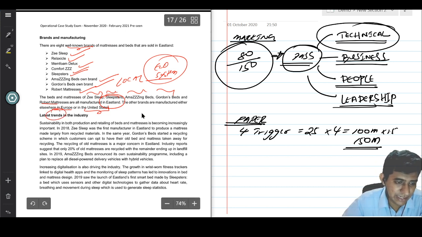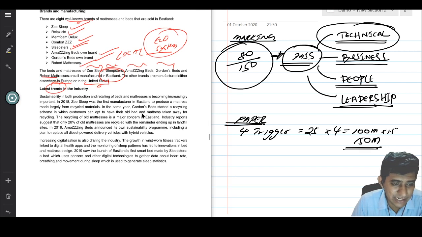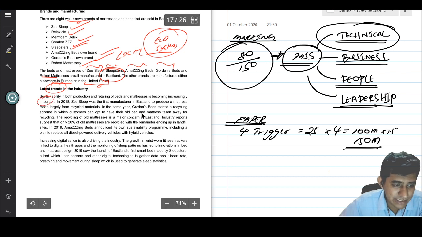Latest trend in the industry: sustainability in both production and retailing of beds and mattresses is becoming increasingly important. In 2018, Z Sleep was the first manufacturer in the Eastland to produce a mattress made largely from recycled materials. In the same year, Gordon's Bed started a recycling scheme which consumers can opt for to have their old bed and mattress taken away for recycling.